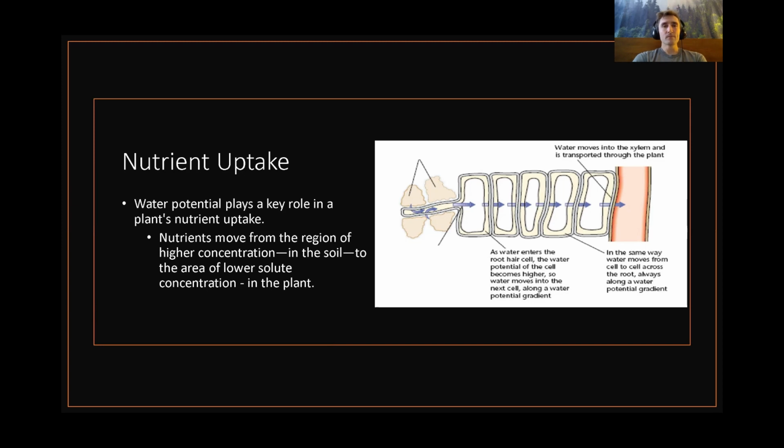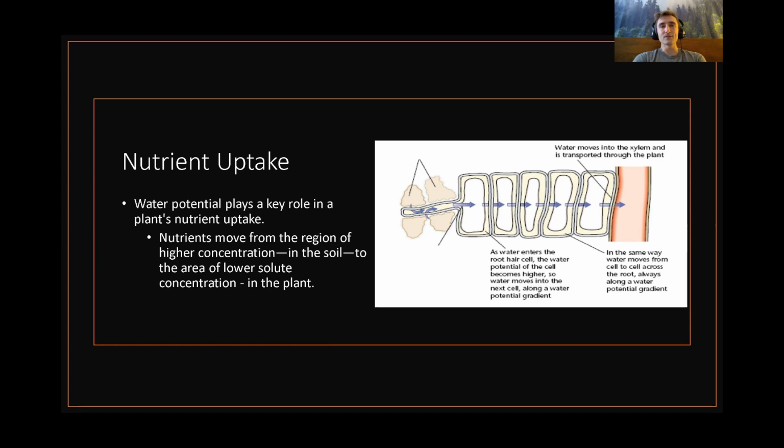But then when it moves from cell to cell, it is basically just using a concentration gradient. And we call that the water potential. And so it will move from one to the next based on a balancing. So if we have a higher concentration in one cell and a lower concentration in the next door neighbor, the water will move next door and it will keep passing along in a chain.